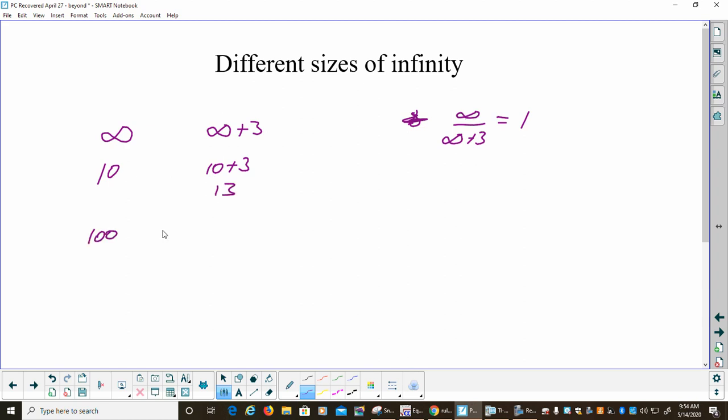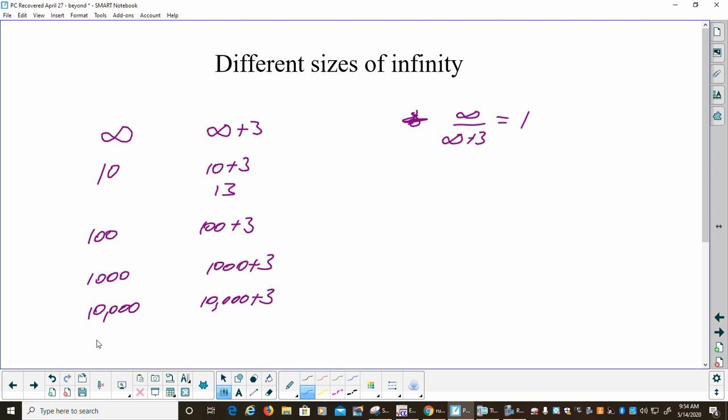But let's go to 100. 100 plus 3, you notice it less. 1,000 plus 3, you really aren't starting to notice it. $10,000 versus $10,000 and 3. $100,000 and $100,000 plus 3. Do you see how the larger this number gets, the less consequential adding something onto it is? Or, for that matter, subtracting something from it. So $1 million and $1 million plus 3.